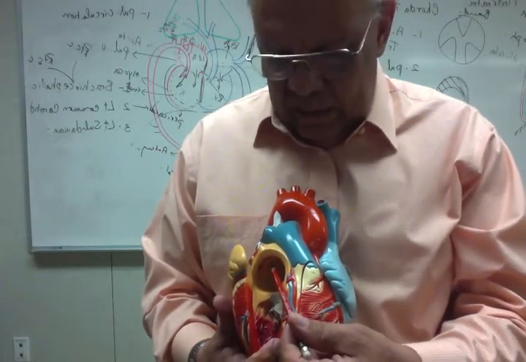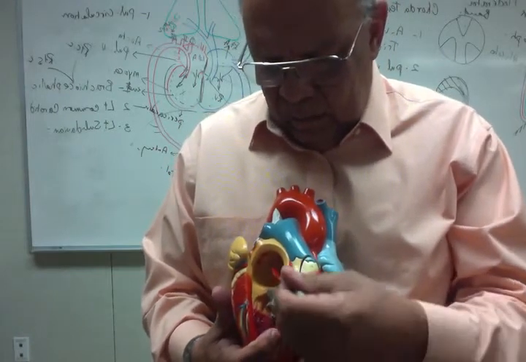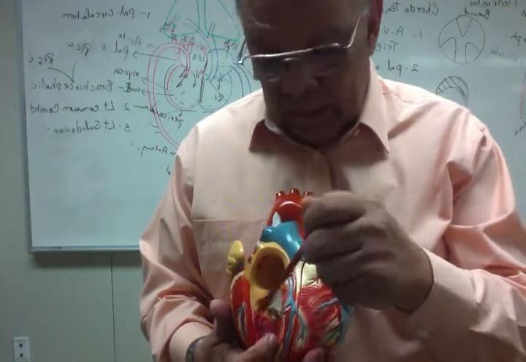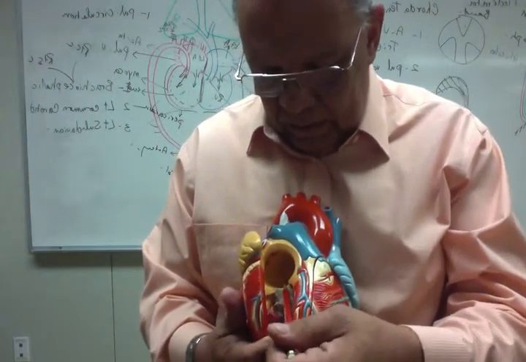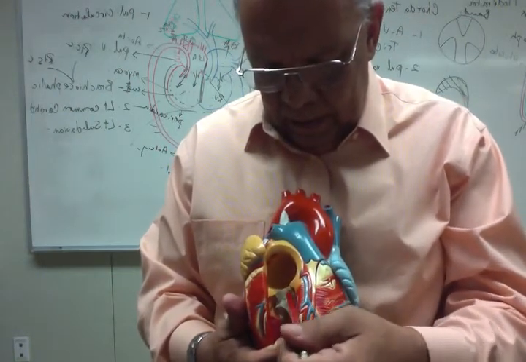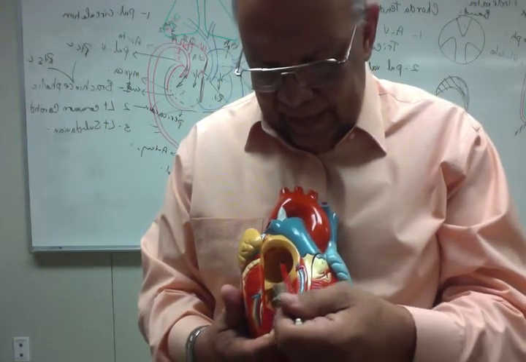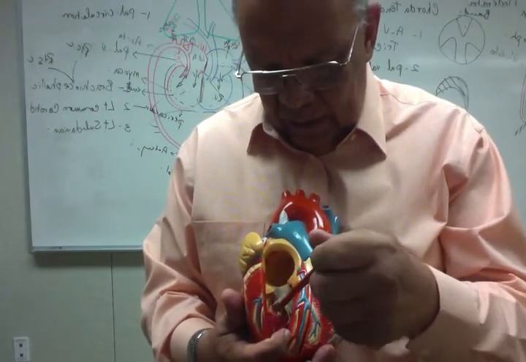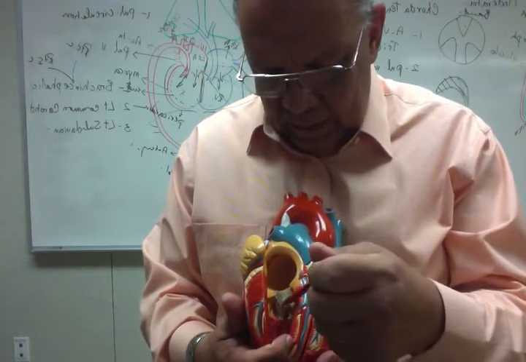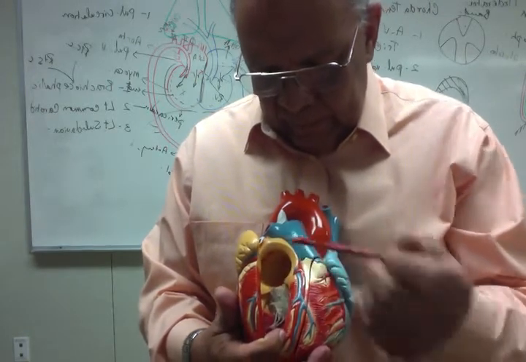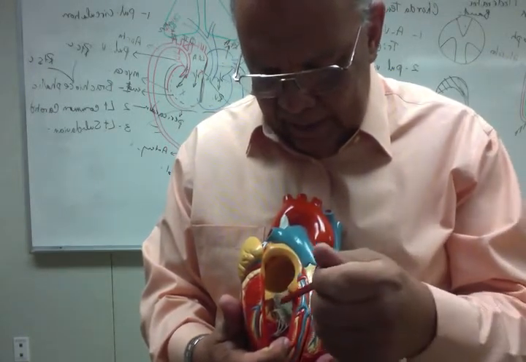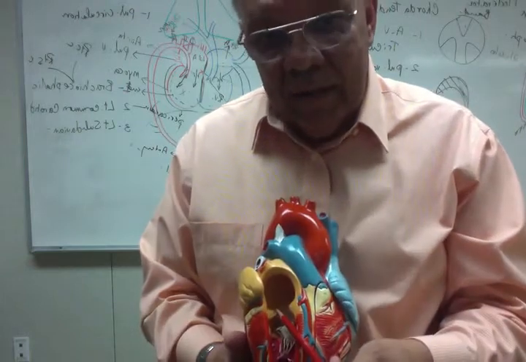From the left atrium, blood passes to the left ventricle and is stopped from coming back by this valve. It's an AV valve, between an atrium and a ventricle, and it's called a bicuspid valve. It has two cusps only, and it can also be named the mitral valve.